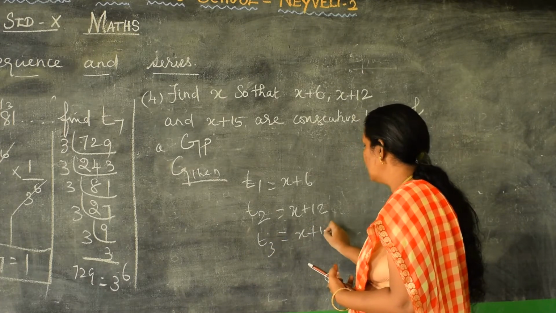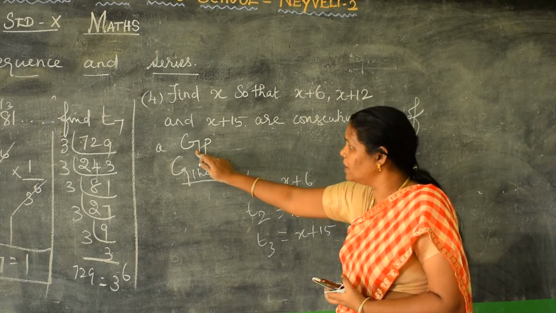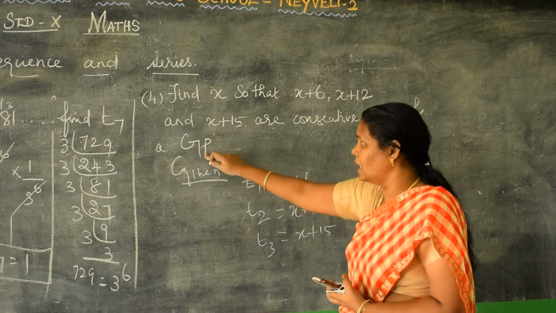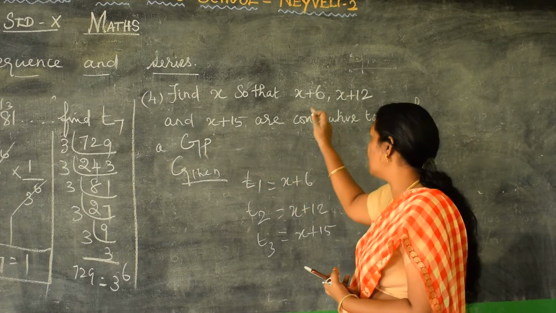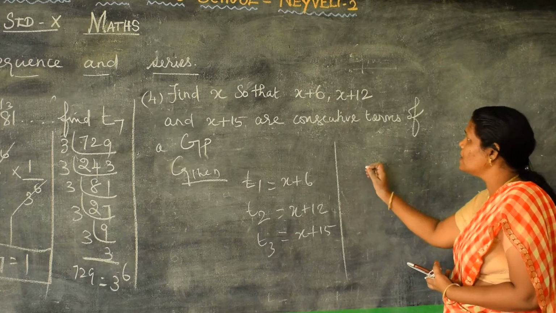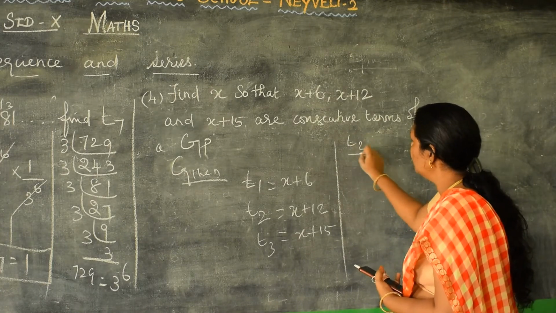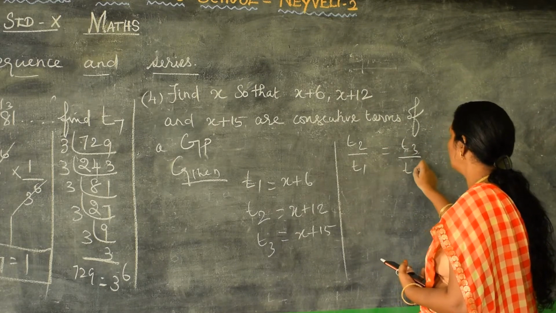Do you understand children? So already it is given, it is in GP. So what is GP? GP means the ratio between the successive terms is equal, isn't it? So T2 by T1 and T3 by T2 are to be equal.